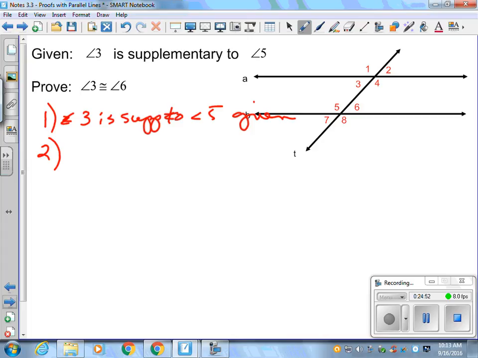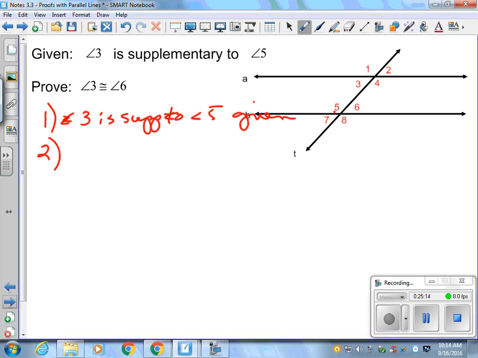Those are my only choices if they don't give it to me. Okay, so I could do something with 5 and 8 because they're vertical, and you're saying that maybe I could do something with 5 and 6 because they're supplementary. Those are things I could pull off this picture that I don't have to have parallel lines to know, right? And that's kind of where you want to go.